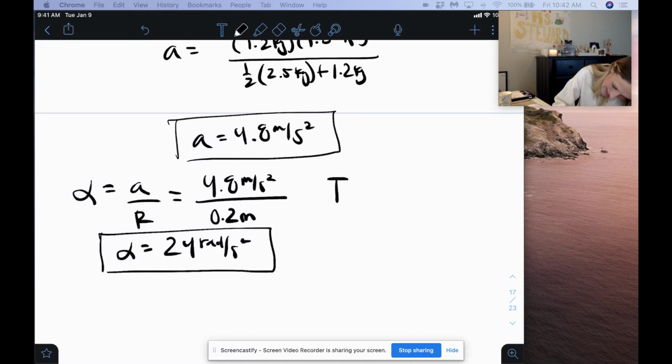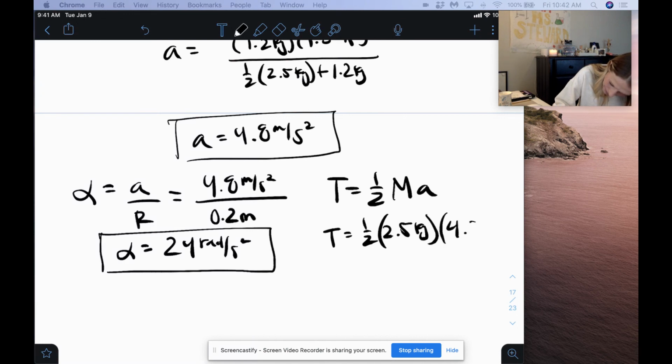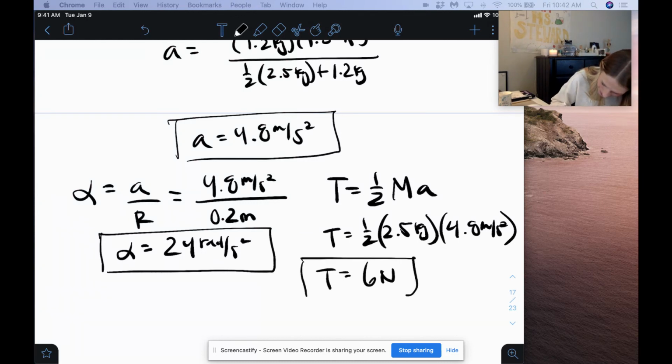So we get tension equals 1/2 big M times a. Tension equals 1/2 times big M, which was 2.5 kilograms, times linear acceleration, 4.8 meters per second squared. And so we end up getting 0.5 times 2.5 times 4.8 is 6 newtons for tension.